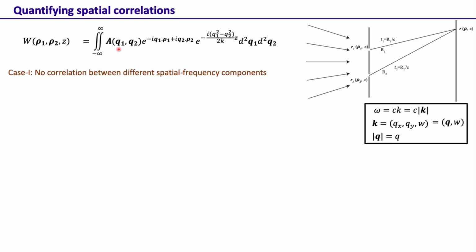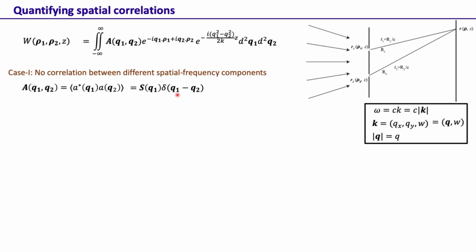So we can have the classification based on this. The first case we often encounter is when there is no correlation between different spatial frequency components. That means this angular correlation function, which is defined as an ensemble average of A star q1 A q2, can be written as S(q1) delta(q1 minus q2).